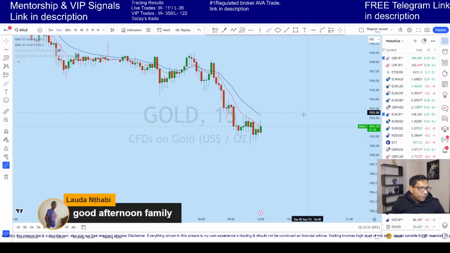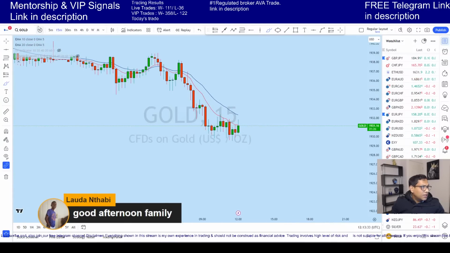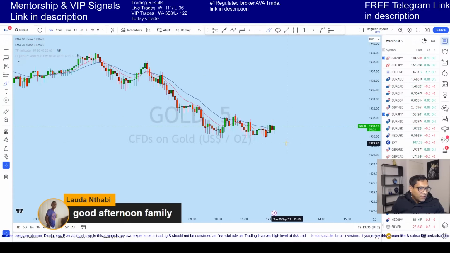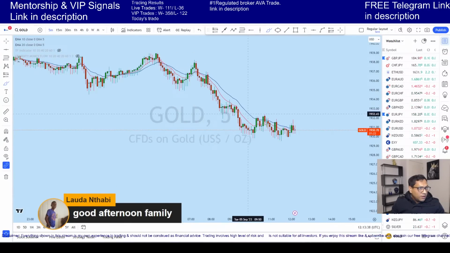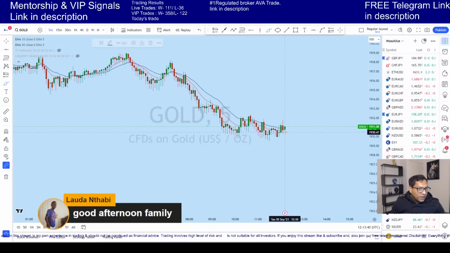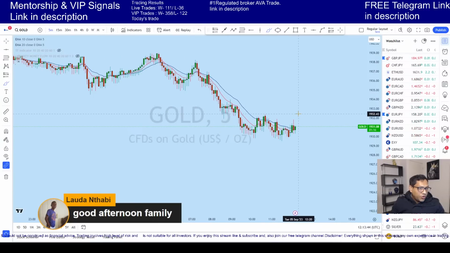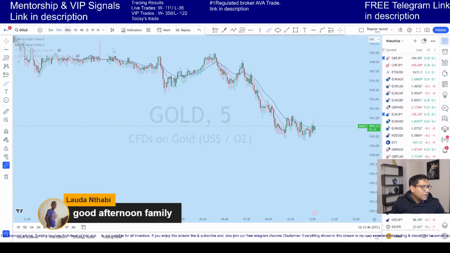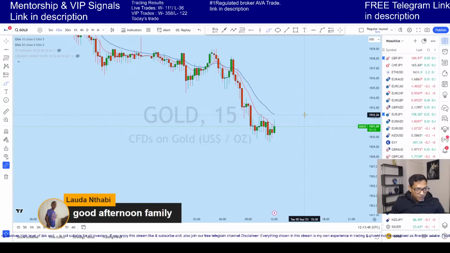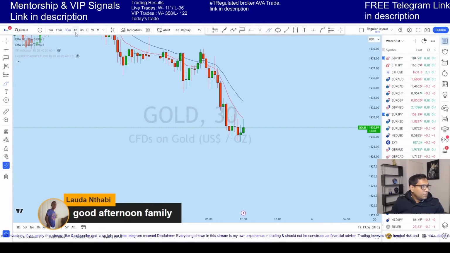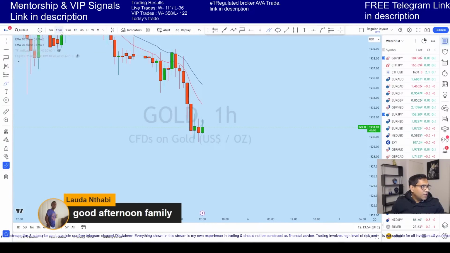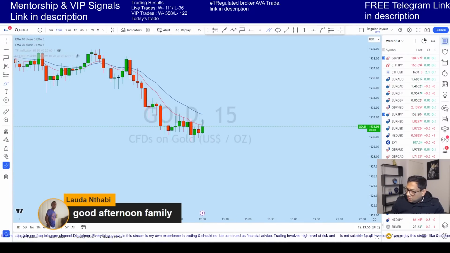So here you see that in this lower time frame on the 5 minutes, in this downtrend it's forming a little bit of upside which is needed for a liquidity trigger, and then we can look for selling opportunities. For me, it is still downside. What do you think? Let me know, guys, in the live chat, which way you think gold is heading.